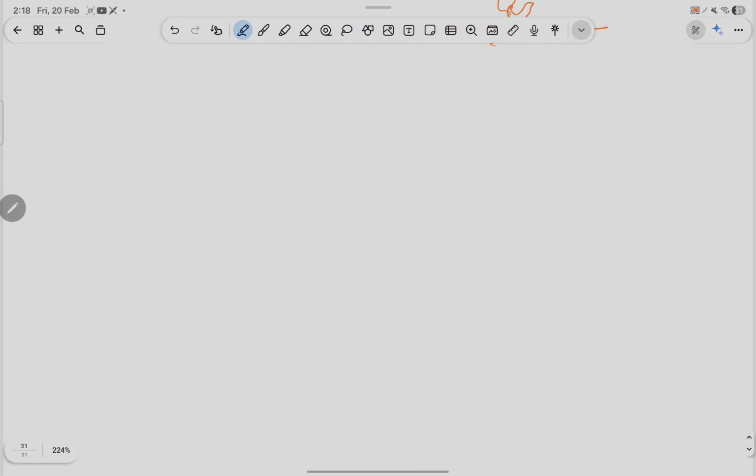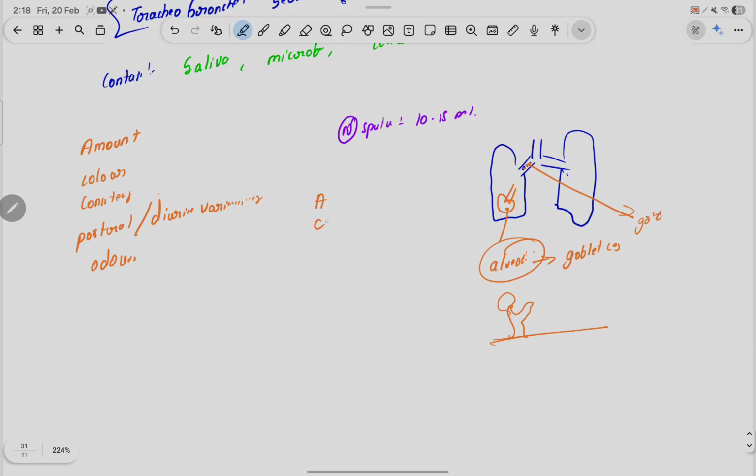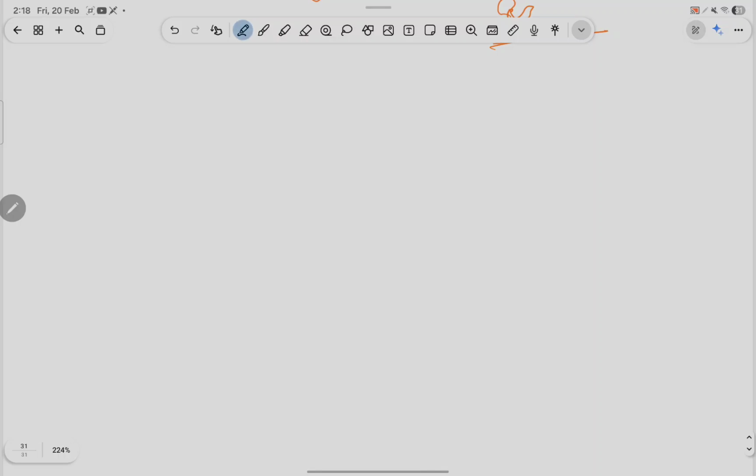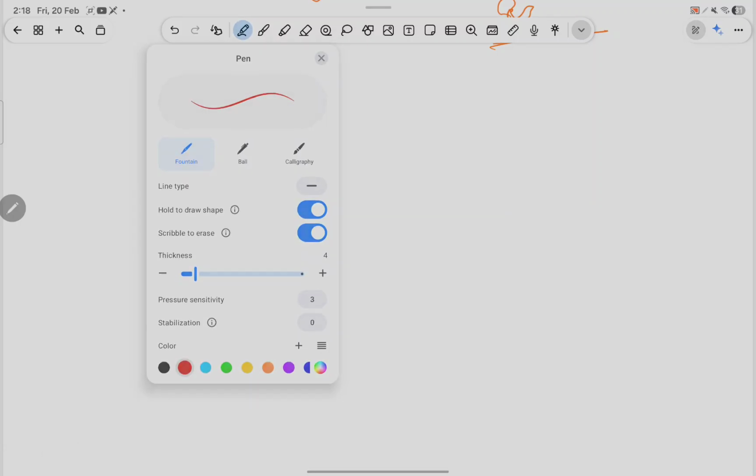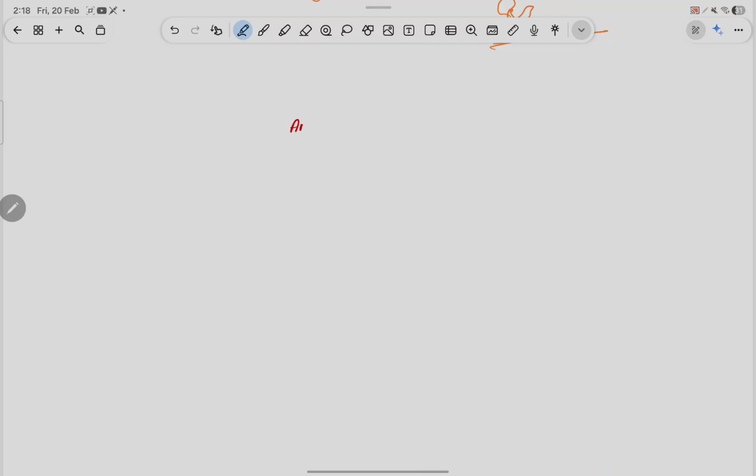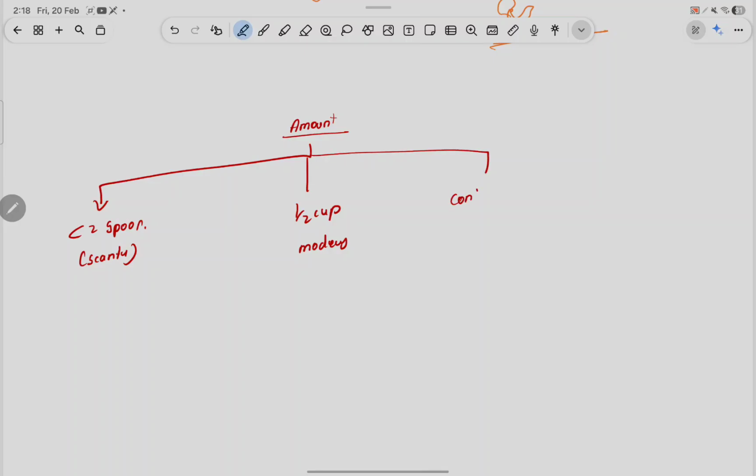So based on amount, here we'll be dividing it. Amount is divided into scanty, less than 2 teaspoons; moderate, half a cup; and copious, a container, take it as a glass of 100 ml.